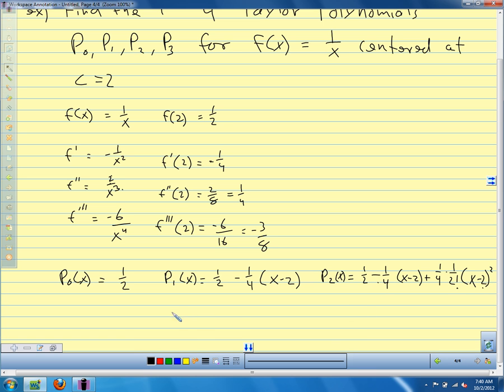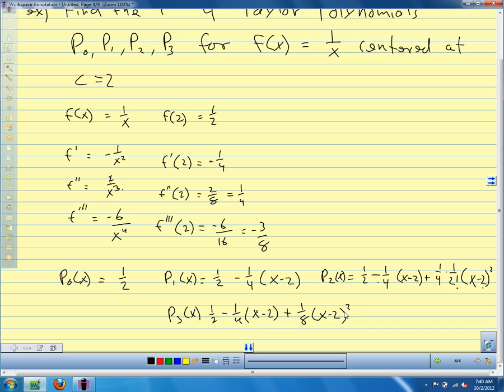And then my P3, I'm just adding another term here. So I get 1/2 minus 1/4 times x minus 2. Get all the terms I had before, and I'm just going to add one more term. Plus, when I simplify this, I'll write the simplified version, 1/8 times x minus 2 squared.